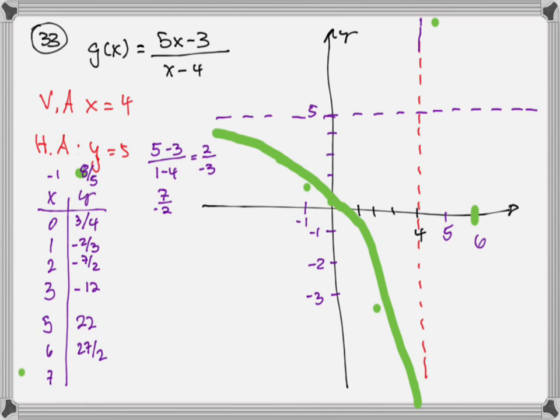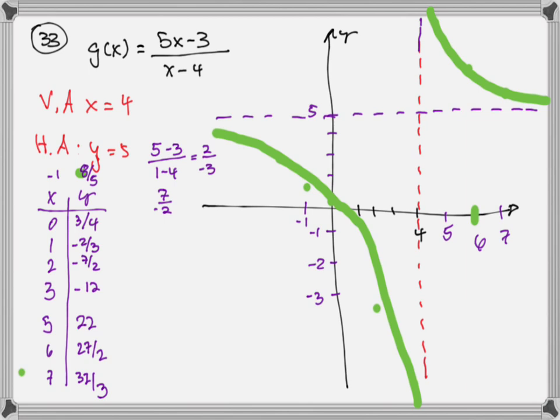Okay, we're going down. Somewhere here. And 7? 32 over 3. Well, you get the idea. We're going down. That's for sure. So this looks somewhat like this. Here you go.